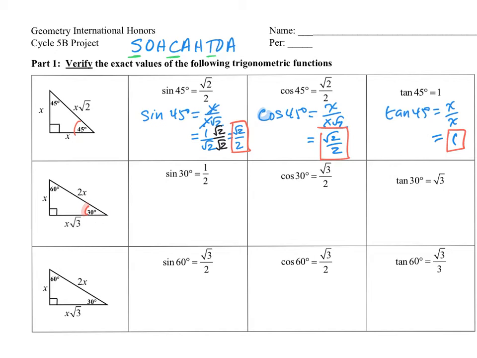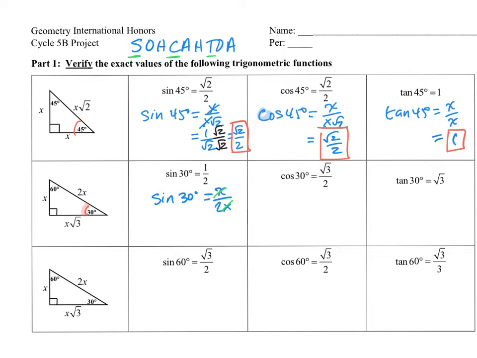Excuse me, it's not a 45, it's a 30-degree angle. We want the opposite side and the hypotenuse. With respect to the 30-degree angle, x is the opposite side and 2x is the hypotenuse. So the sine of a 30-degree angle is opposite over hypotenuse, or x over 2x. Then we have a common factor of x that will reduce.